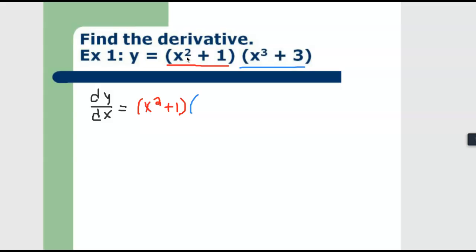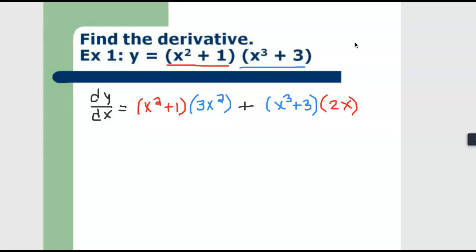So the derivative of x cubed is 3x squared. Derivative of 3 is 0. Plus the second times derivative of the first. So derivative of x squared is 2x. Derivative of 1 is 0.